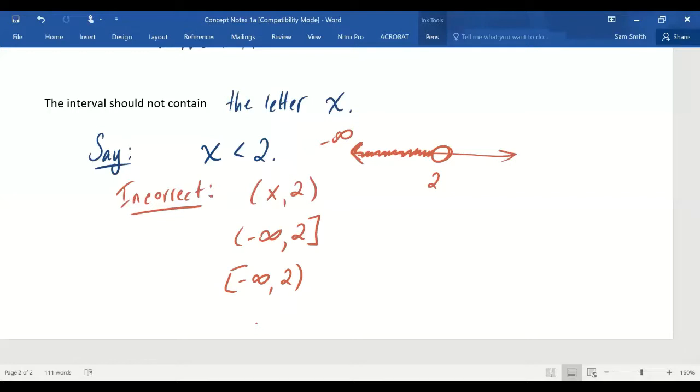It would also be incorrect to write something like 2 comma negative infinity because the order is mismatched compared to the number line. Negative infinity must be on the left-hand side. And so here are some examples of typical incorrect grammatical mistakes that I see when students are working with interval notation. So keep that in mind, be on the lookout.